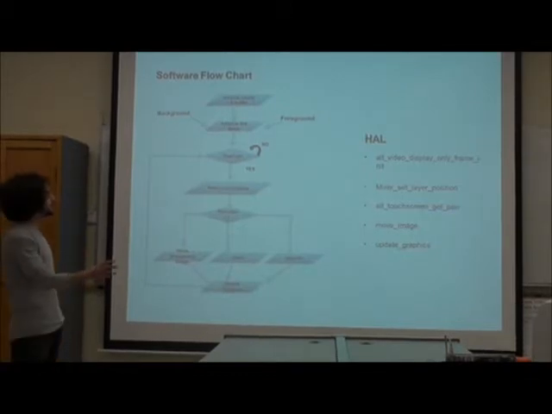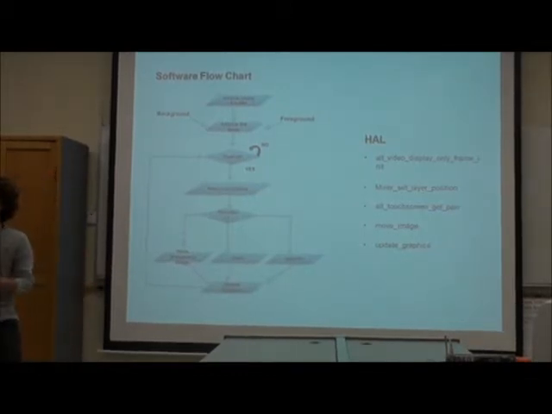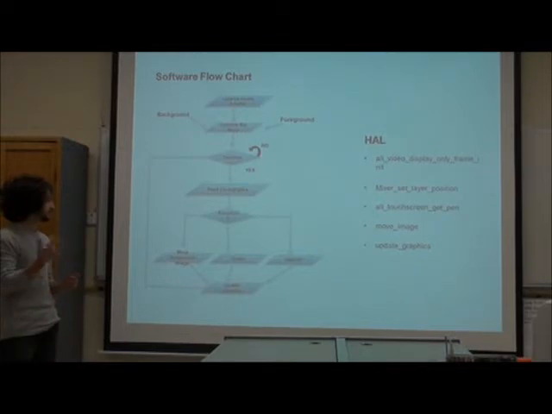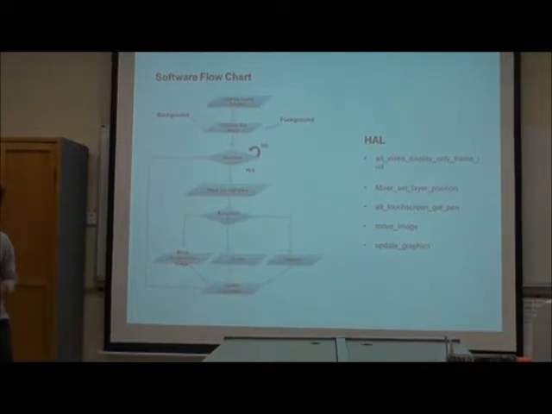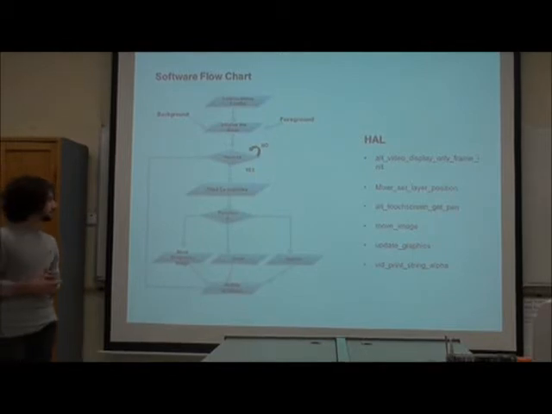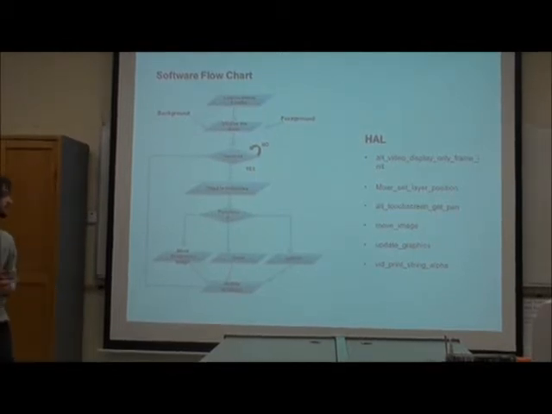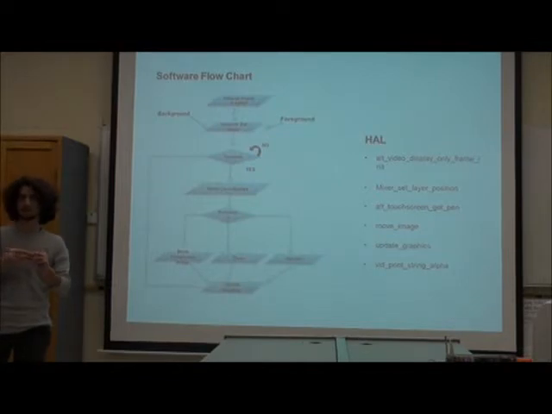And then the move image will move the foreground image around the screen, and update graphics just basically updates all the graphics on the LCD. And the string alpha basically just prints the boxes and the characters that we have on the top of the screen.